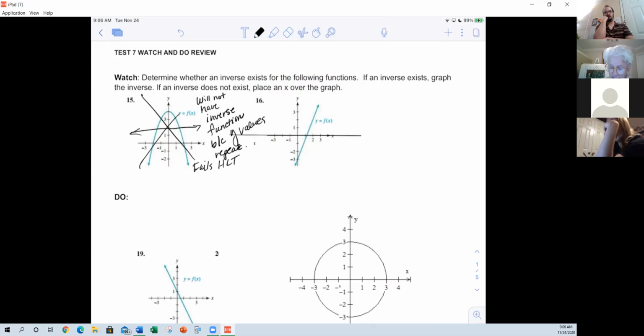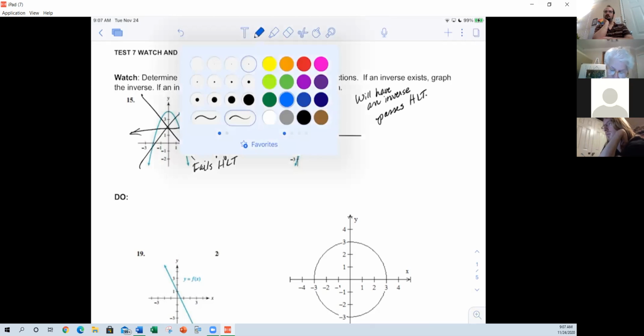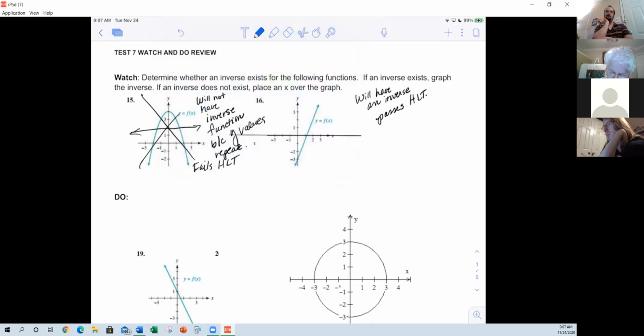Now this one will have an inverse. It passes the horizontal line test. And to graph an inverse, the way that is easy to do it is just to pick some key points like 0, -3. This one looks like about 1, 0.